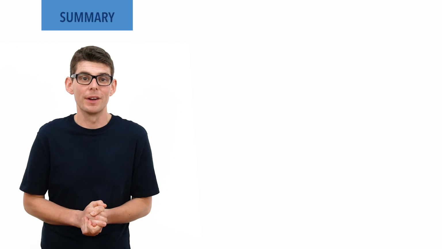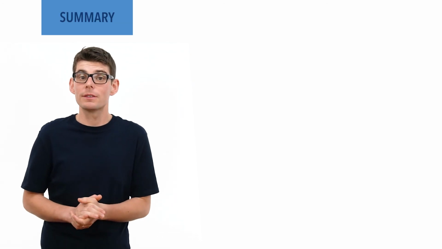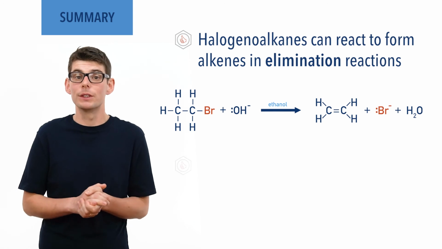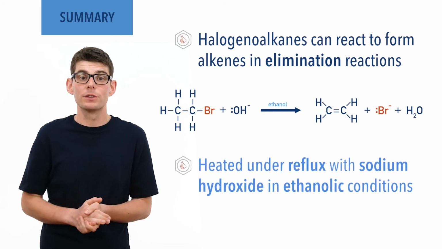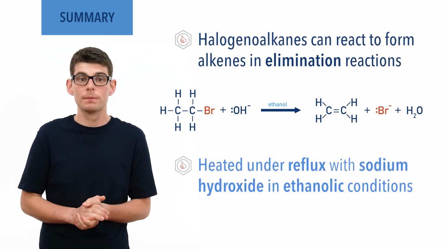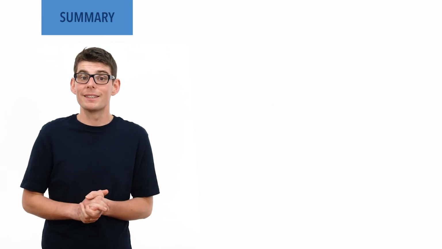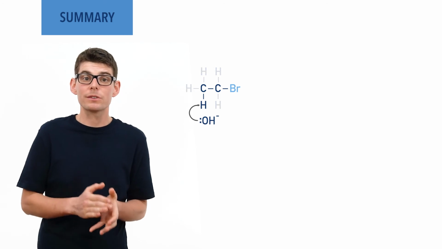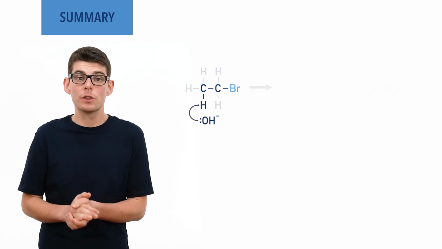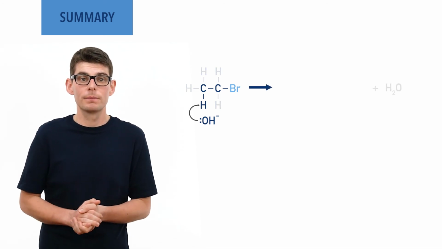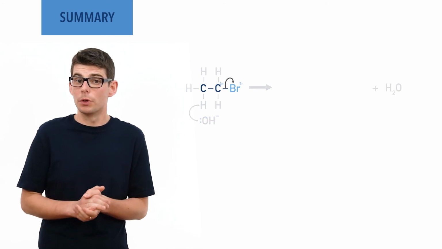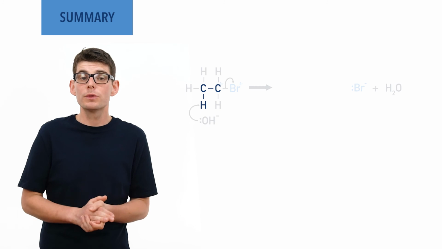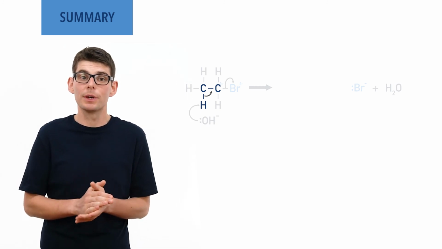So, to summarize, halogenoalkanes can undergo elimination reactions and form alkenes when heated under reflux with hydroxide ions in ethanolic conditions. Hydroxide ions act as a base and accept a H+ ion from a carbon that is next to the carbon bonded to the halogen in the halogenoalkane. As the carbon-halogen bond breaks, the electron pair from the carbon-hydrogen bond moves to form a pi bond with the neighbouring carbon.